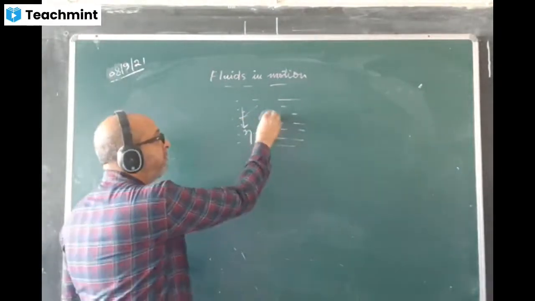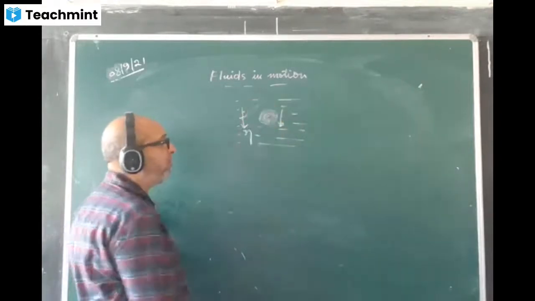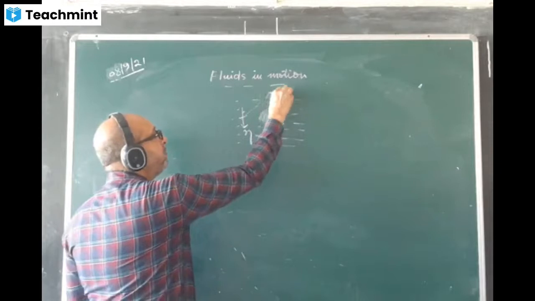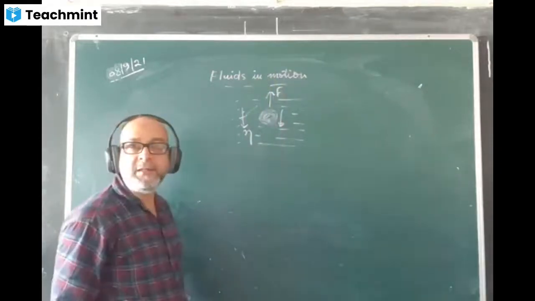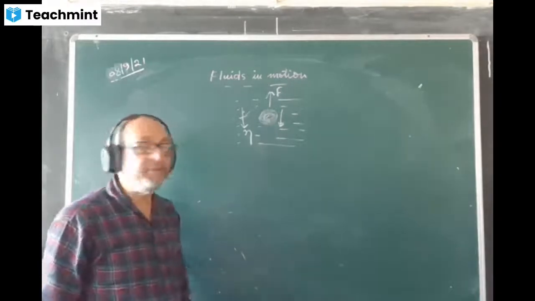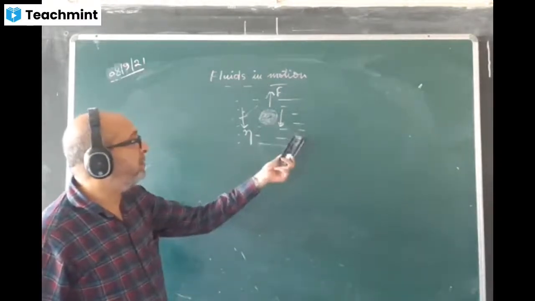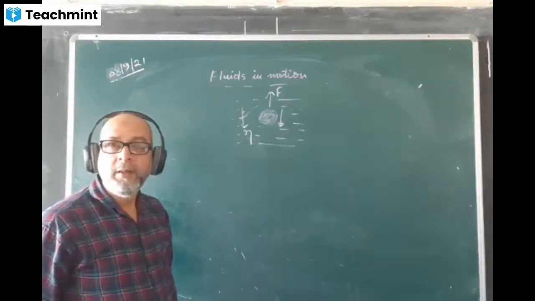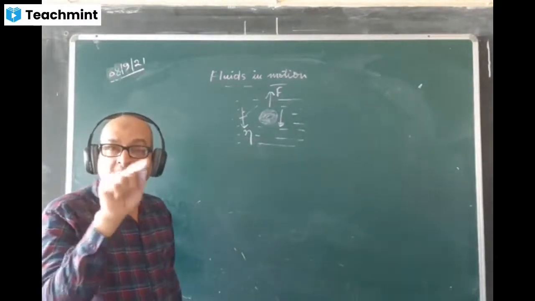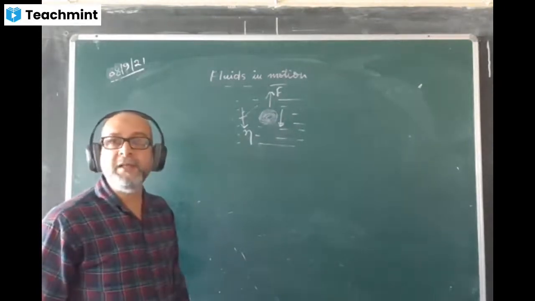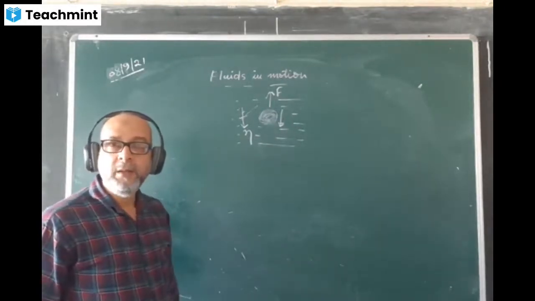When this one is falling down, then the viscous force will act in the upward direction. Stokes force will act in the upward direction. And when this one is going up, it may happen when the density of this is less than the density of the medium, the object will be rising up. For example, an air bubble, spherical, underwater rises up because the density of air is less than the density of water.